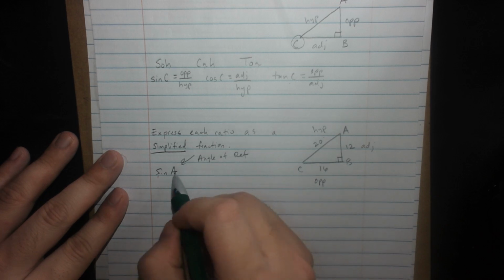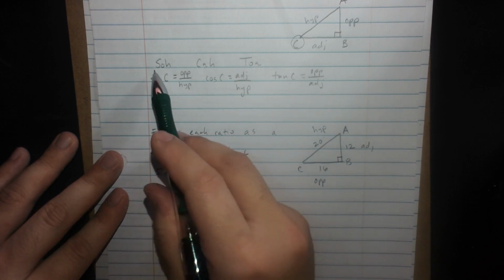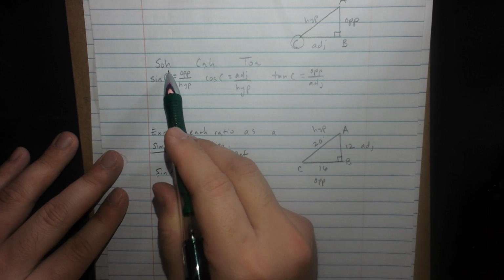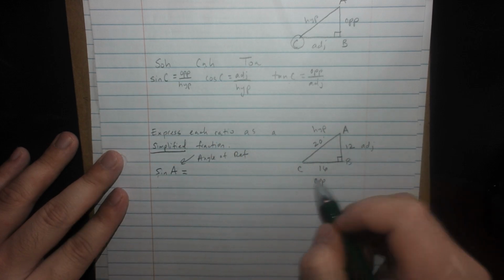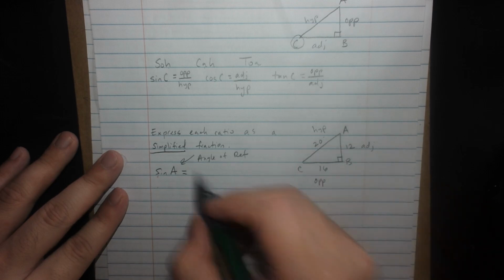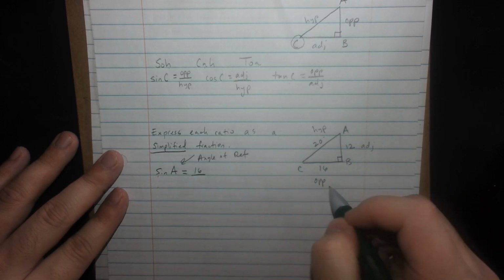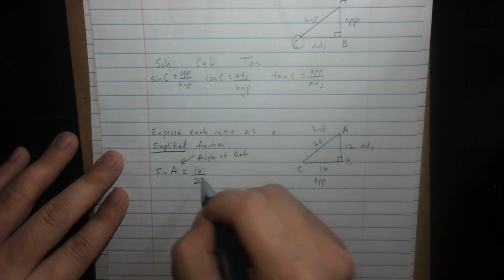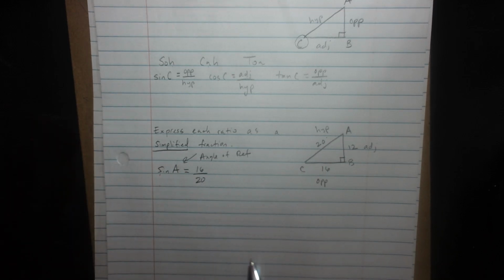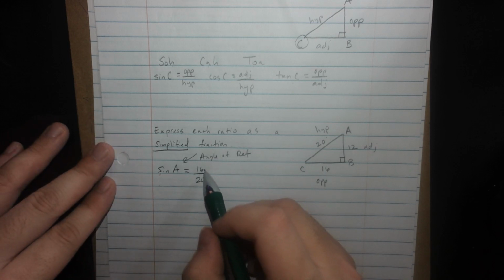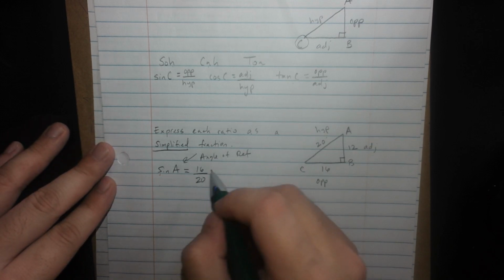So sine of A, S for sine, means opposite over hypotenuse. So what's the opposite side over the hypotenuse? Well, that is 16 over 20. But we want to make sure that this answer is simplified. So what goes into 16 and 20 at the same time? That would be 4.